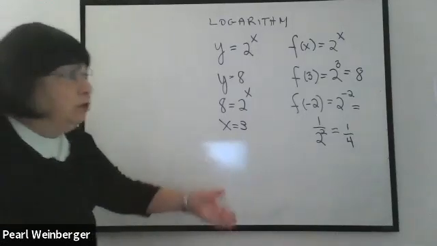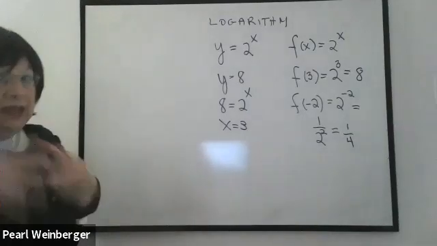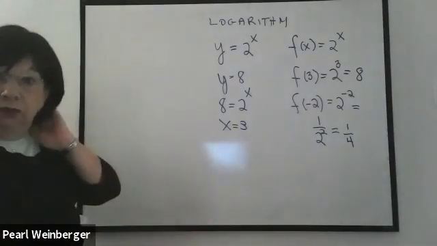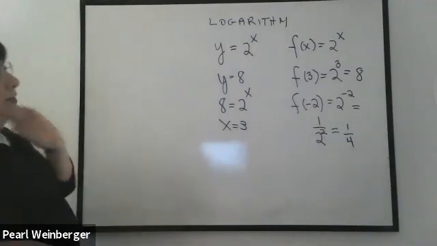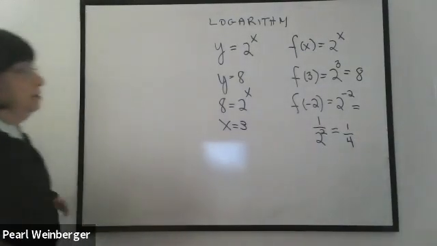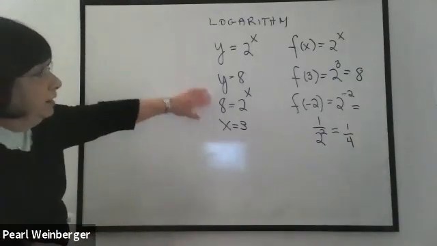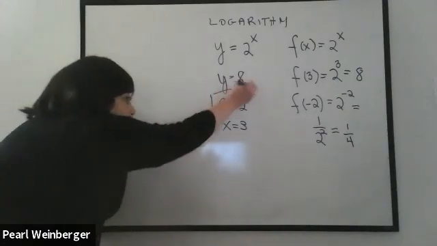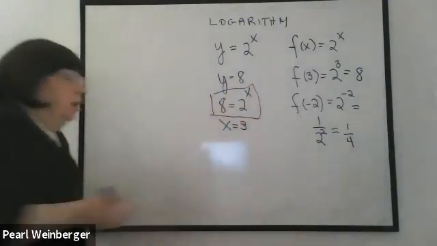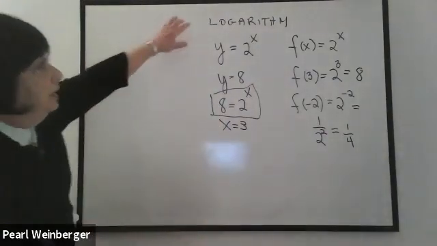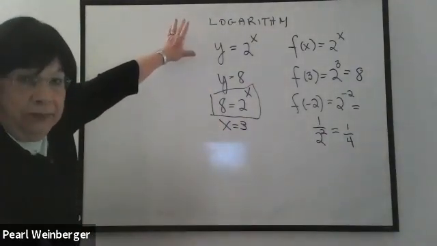I'm telling you what the final answer is and asking you for the exponent. It's like I'm giving you the answer and asking you what is the question. That's what an inverse is. And when we have that, sometimes instead of writing the equation in what we call the exponential form, we can write it in what we call the logarithmic form.